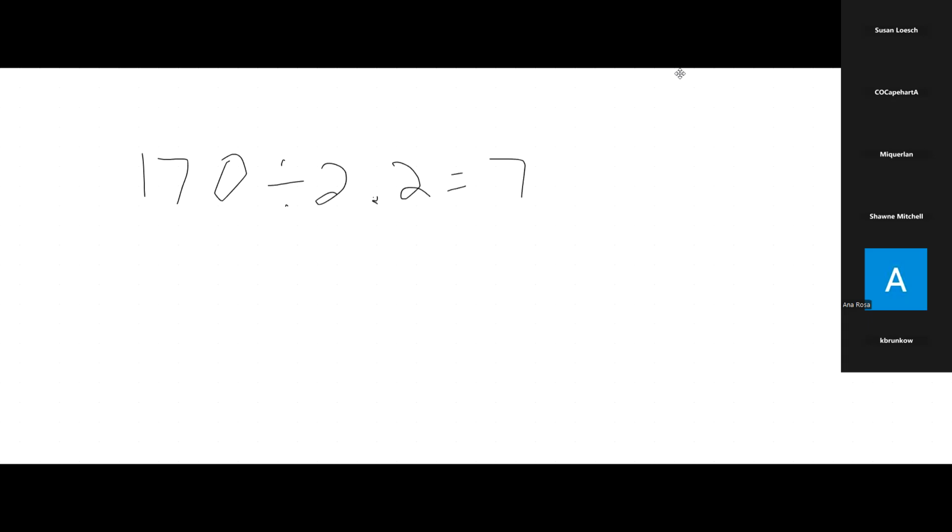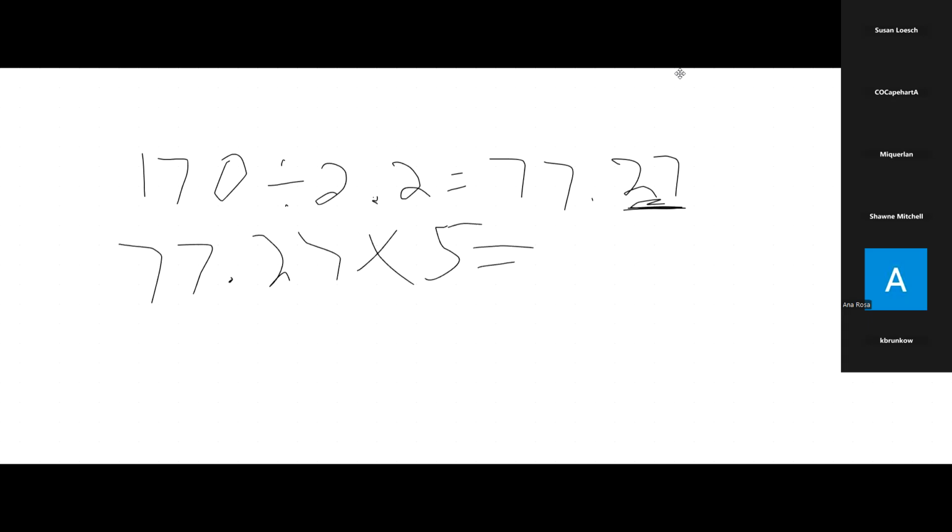I just put a line under that, which represents infinity, but I leave that whole number in my calculator. You're going to multiply that whole number times your 5 micrograms, and that gives you 386.36, again per minute.